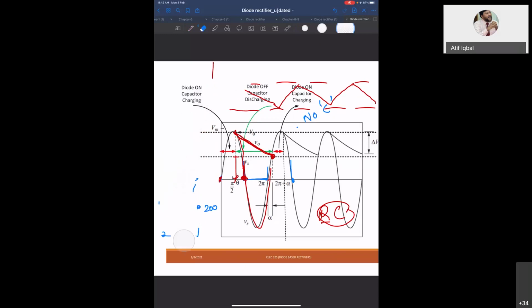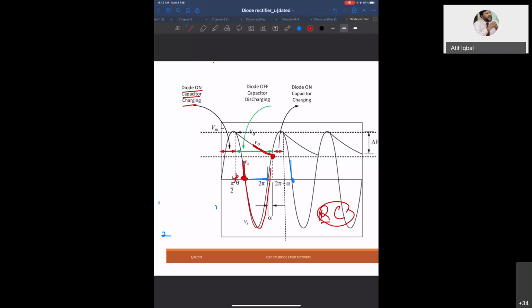Okay. So now here what I have marked, from this to this interval, your diode is on and the capacitor is charging. Then from this green interval, the diode is off and the capacitor is discharging. And then once again, from here to here, your capacitor is charging and the diode is on.